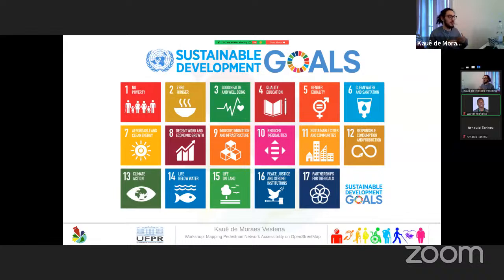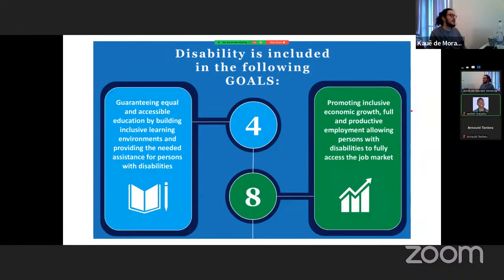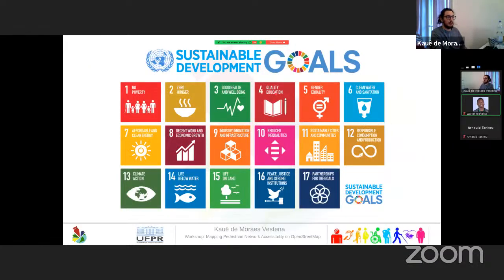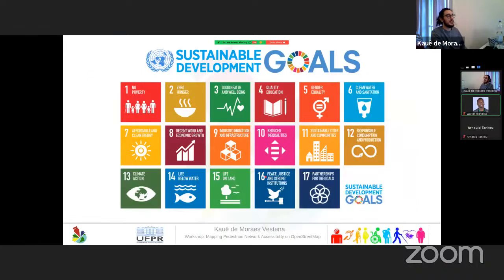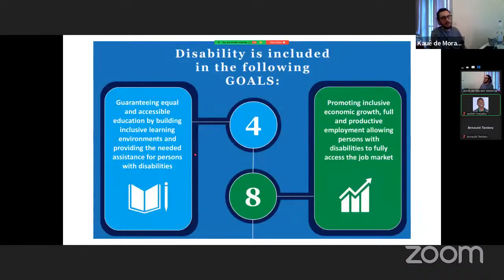For example, number 4, quality education, cannot be done without universal inclusion. Number 8, decent work and economic growth, can't be done without inclusive and full access to the job market, mainly for people with disabilities.